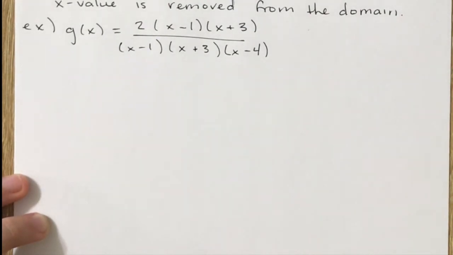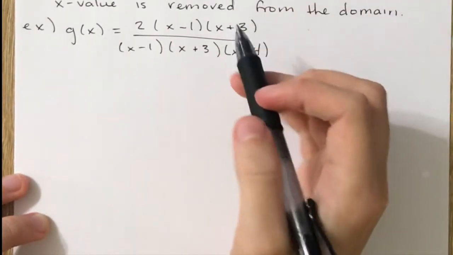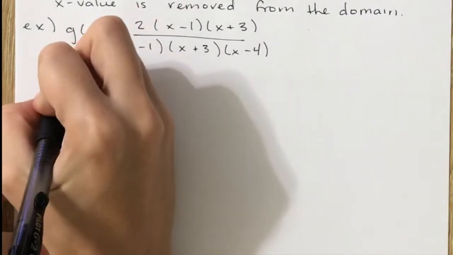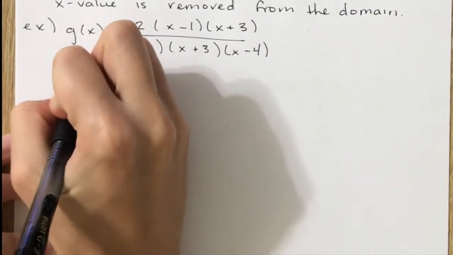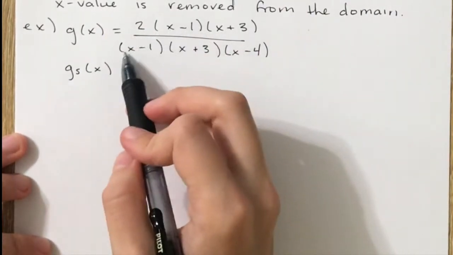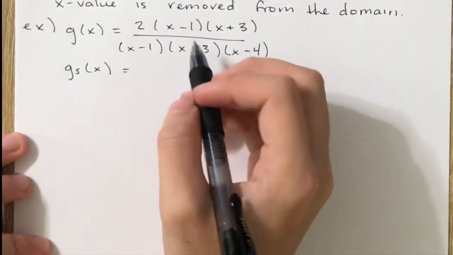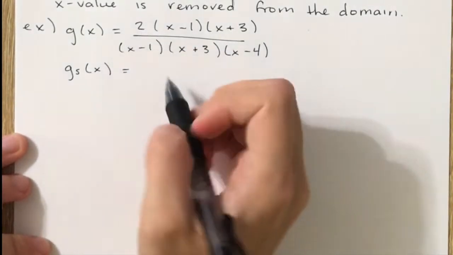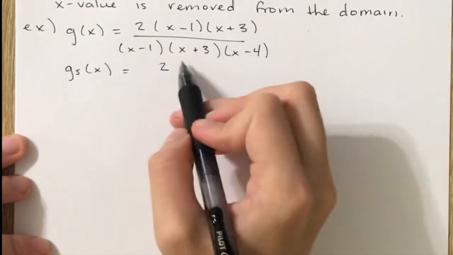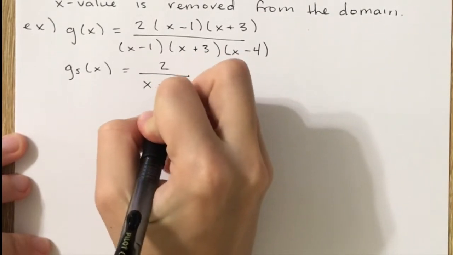I would like for us, just for a second, to see what would happen if we simplified this function. I'm going to write this as g with a small s for simplified. If we simplified this and got rid of these repeated factors, since they're in the numerator and the denominator, I would be left with 2 still there. X minus 1 is canceled. X plus 3 is canceled. So 2 over x minus 4.